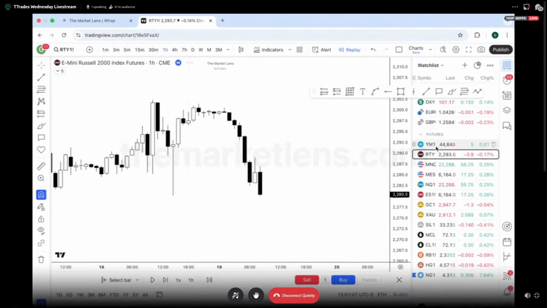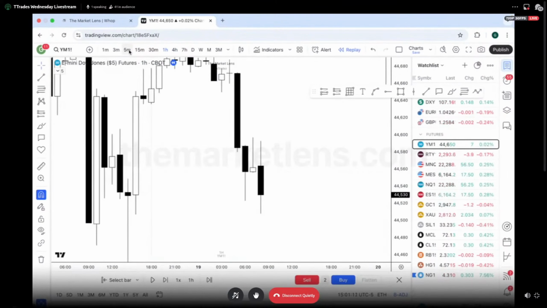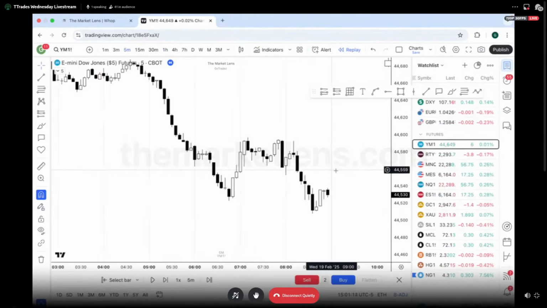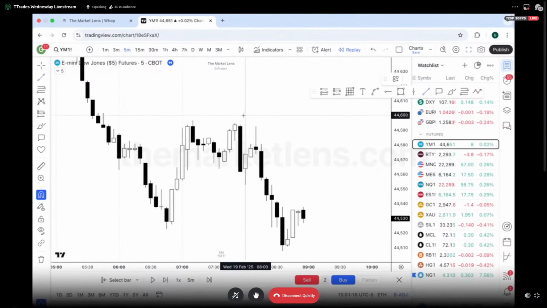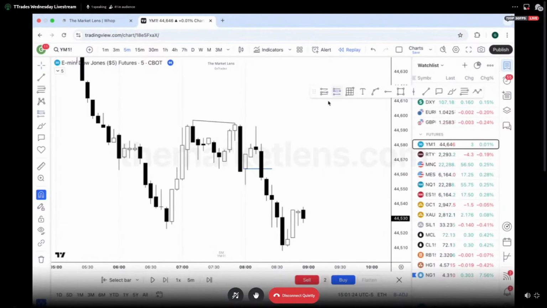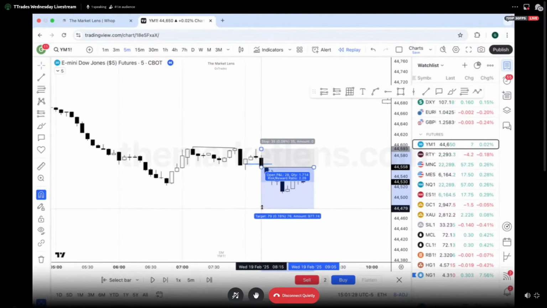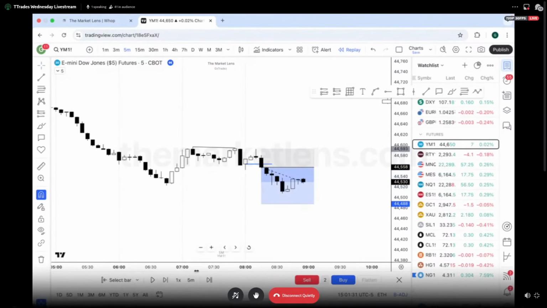Which was the trade this morning, by the way, on NQ or RTY or YM. Either one. This trade right here was the trade, but I was not on the charts this time. This right here, with the ideal swing formation, a little 2R right there.